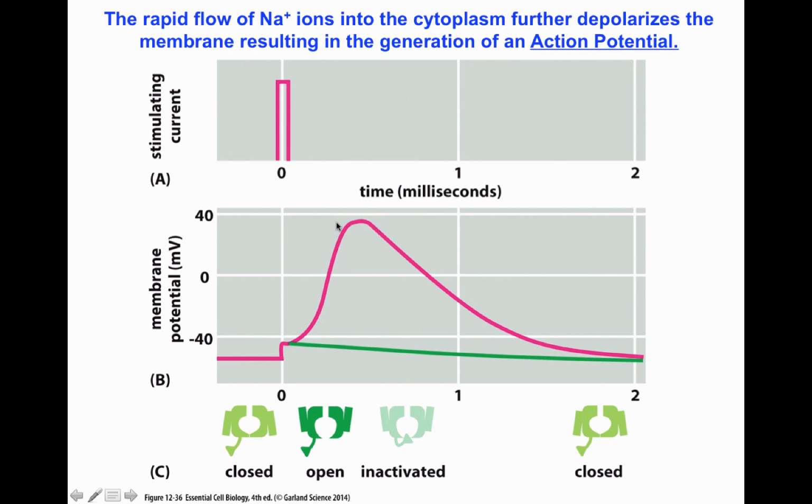But when it gets to a particular positive range, over here close to the equilibrium constant for sodium, the channels become inactivated, and therefore no more sodium ions are able to cross the membrane and enter the cytoplasm. And at that point, you begin to reset the membrane potential with time until it resets back to the resting phase and the channels close back again, moving from the inactivated state to the closed state.